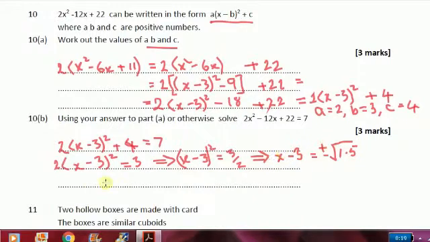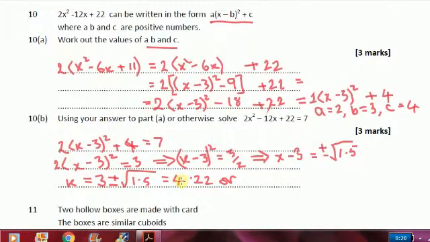Square root can be positive or negative. So x equals 3 on the other side, take the 3 to that side, plus or minus the square root of 1.5. And now I can go to my calculator and see what I get.